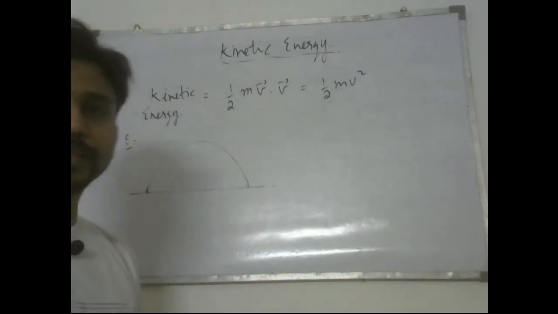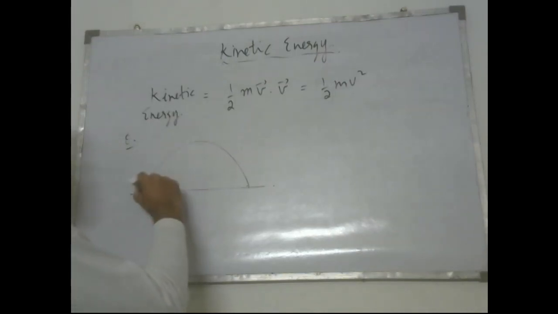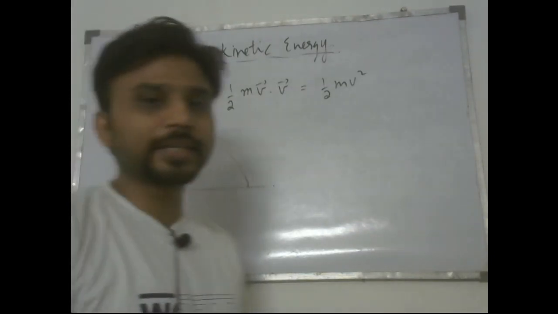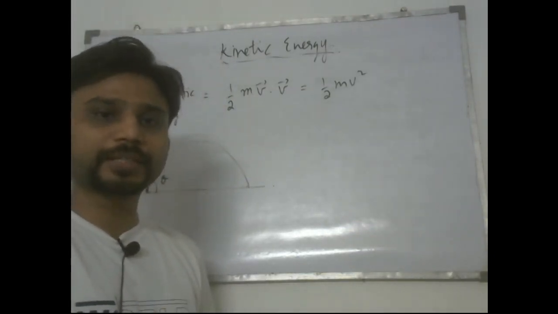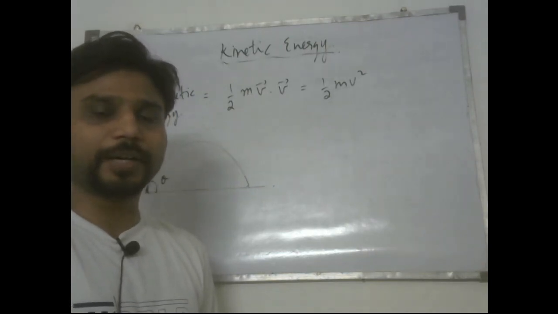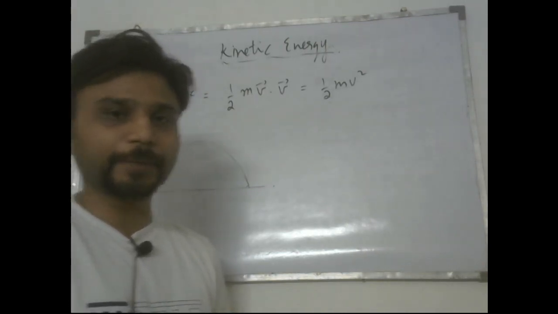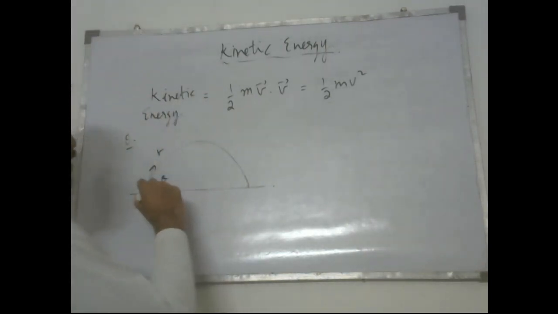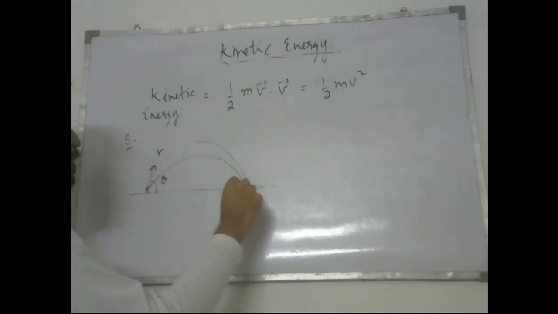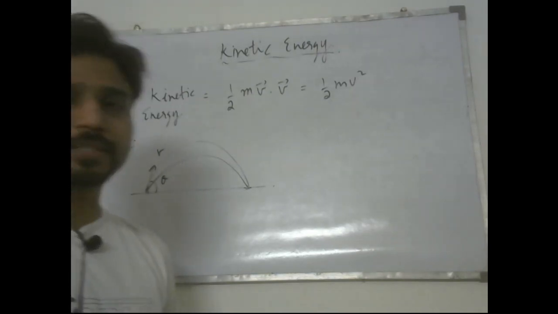I am projecting this projectile with some mass m, with some speed v at an angle theta. Now I am again projecting the same projectile at an angle 90 minus theta, and it is going to land somewhere here.